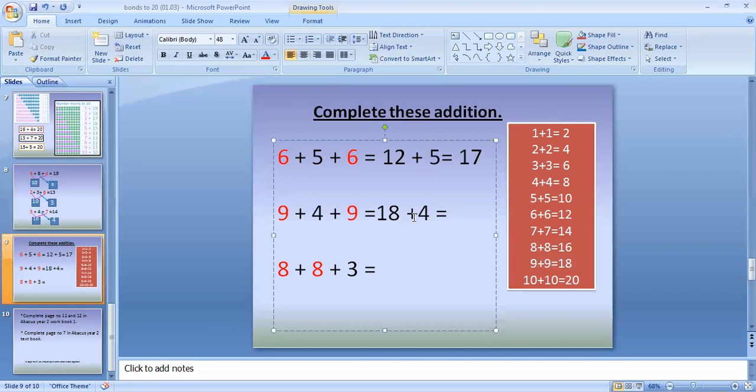Now look at this. 8 plus 4. 22. Yes, the answer is 22.